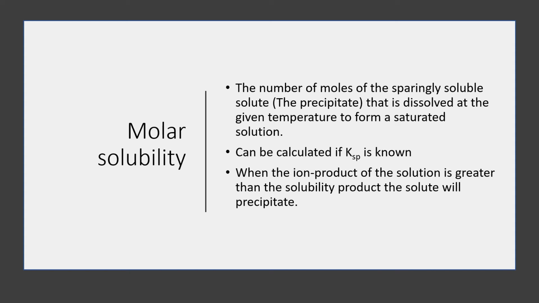Molar solubility. The number of moles of the sparingly soluble solute or the precipitate that is dissolved at the given temperature to form a saturated solution, mostly in 1 liter. We can calculate molar solubility if you are given the equilibrium constant expression or the Ksp value.